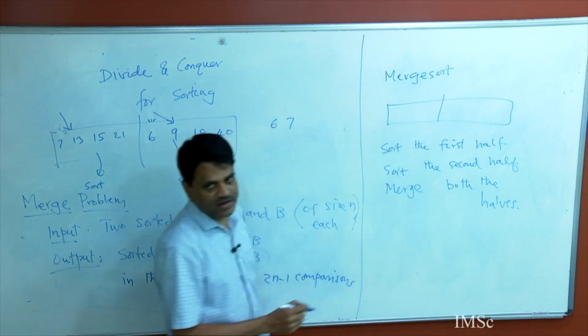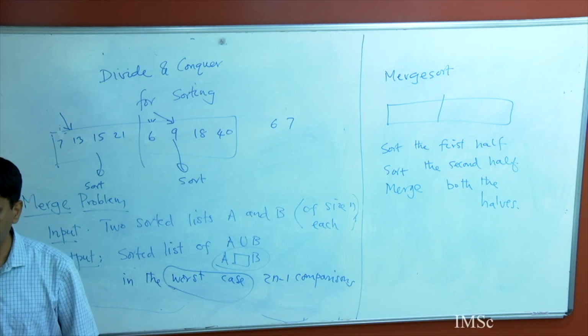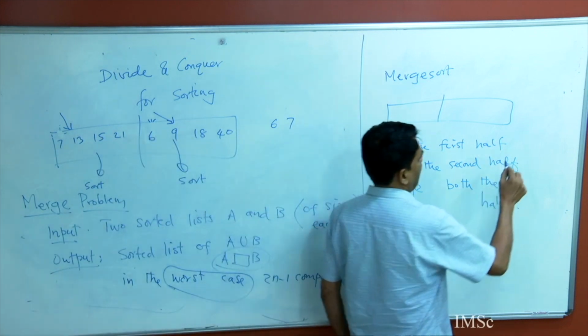This is the entire sorting algorithm. How do I sort the first half? Recursively, right? That's the word.